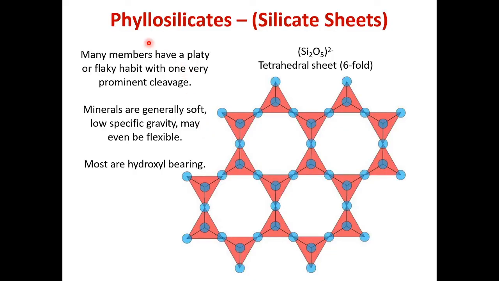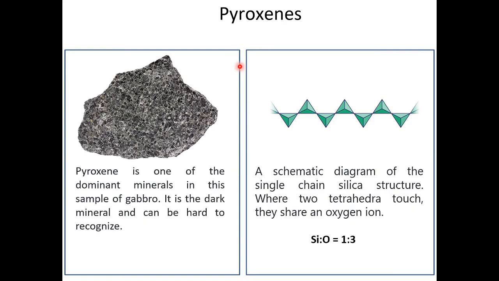Right. Now the phyllosilicates, which are also known as the sheet silicates, right? If we go back to amphiboles and pyroxenes, we can see that there are some weak planes, and weak planes would be because of the strong bond along these chains and the weak bond between the chains.